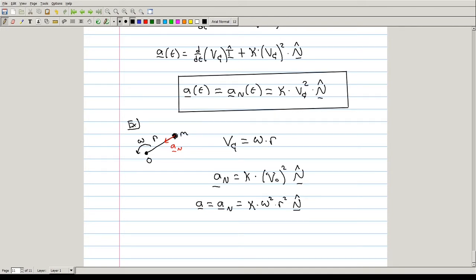Furthermore, we can actually show that the curvature of a circle, a good calculation to carry out, we'll show it for the helix and show that that reduces to the curvature of a circle. Curvature of a circle is going to be 1 over the radius. So kappa here is 1 over r, which means that the acceleration for this example is just going to be omega squared times r times n hat. And you get this nice formula for the centripetal acceleration, or the only acceleration experienced in such a motion.